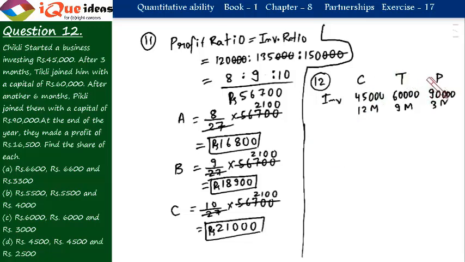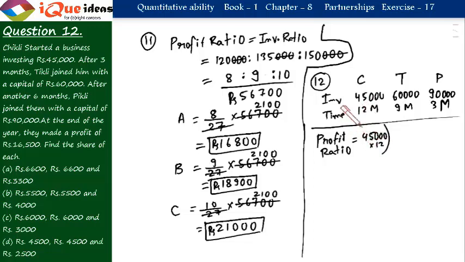3 months. So investments are 45,000, 60,000 and 90,000, and the time durations are 12 months, 9 months and 3 months. So we get the profit ratio from here. Profit ratio would be equal to, for Chickly, 45,000 into 12, then for Tickly, 60,000 into 9, and for Pickly, 90,000 into 3.